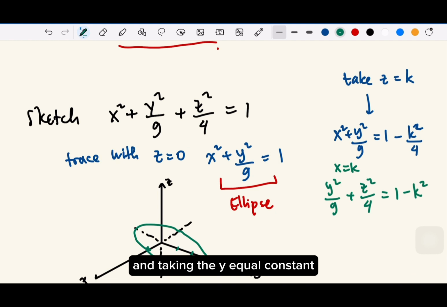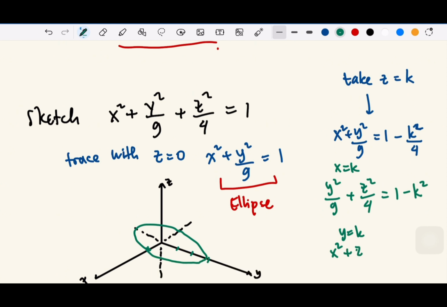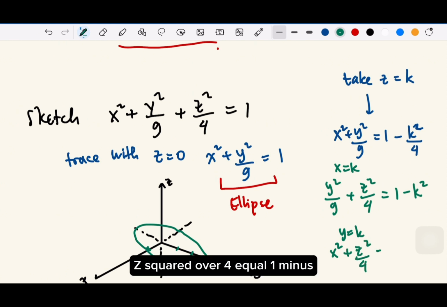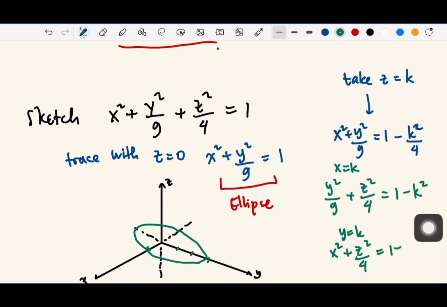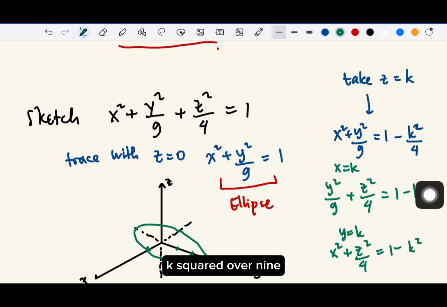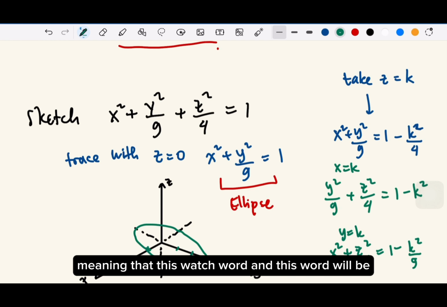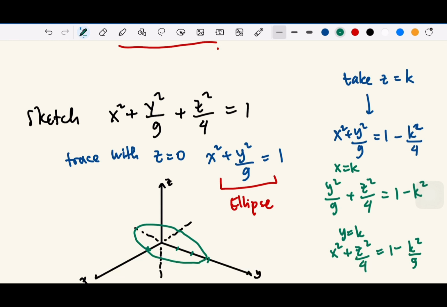And taking y equal constant, this will be x squared plus z squared over 4 equal 1 minus k squared over 9, meaning that this y squared and z squared will be this ellipse. So this will be 3, this will be 2.